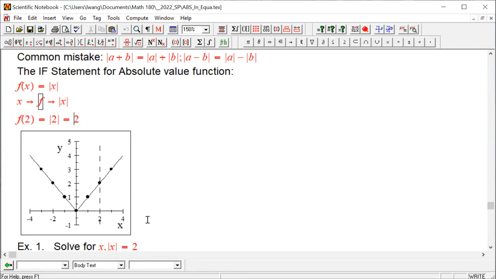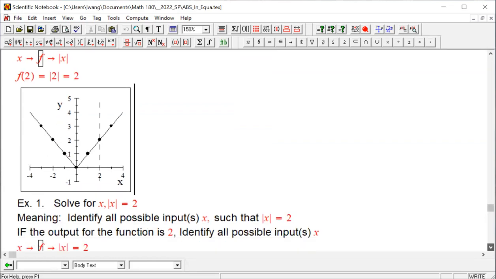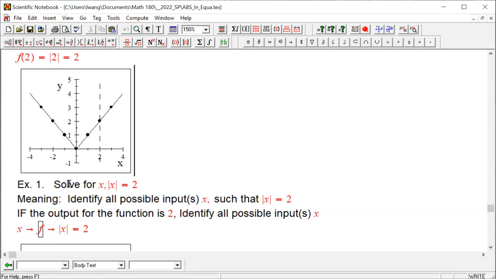Solving an absolute value equation, however, is to be given the output and to identify the input. For example, the first example: solve for x, the absolute value of x equals 2. What does that mean?